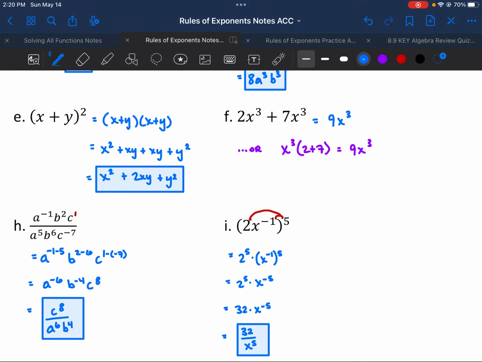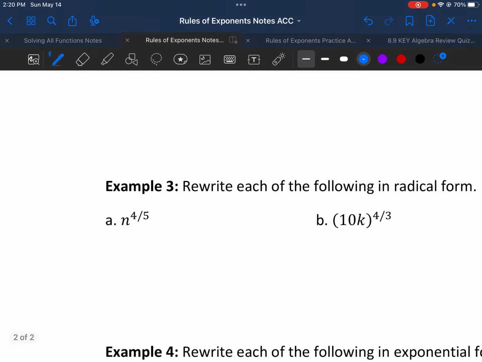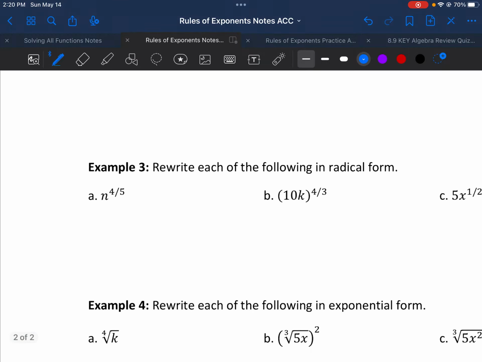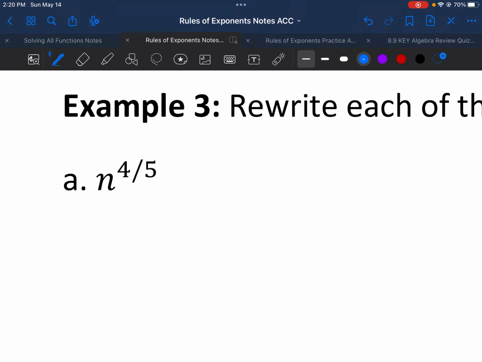All right, hopping over to the back. We want to take each one of these and write them in radical form. Okay, so n to the 4/5 power. If we have an exponent written as a fraction, remember the bottom part of the exponent is representing the root. The top part of the exponent is representing the power you're going to raise it to.